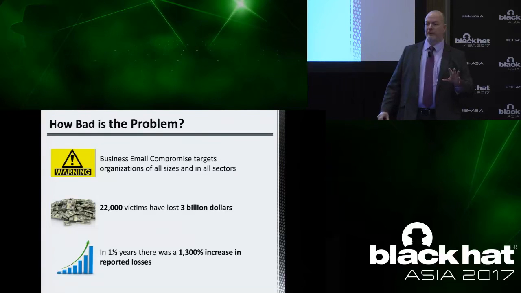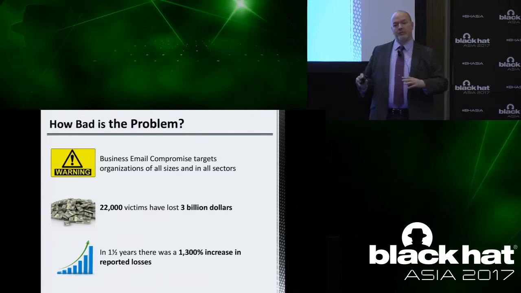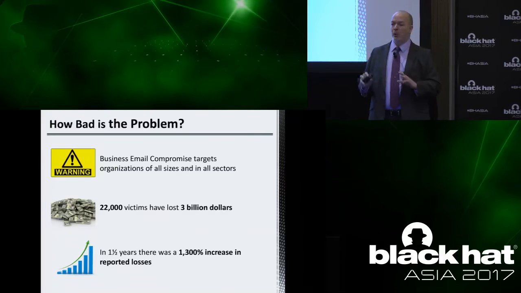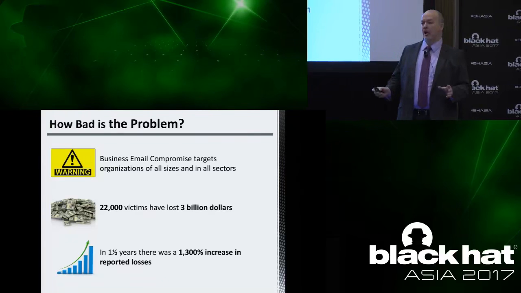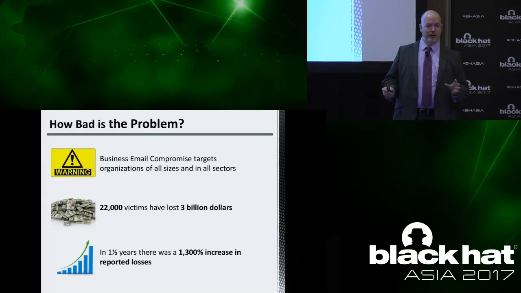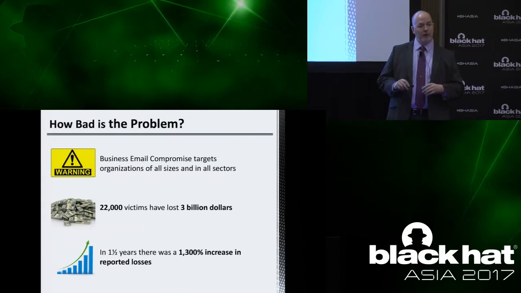You don't have to raise your hand. But I'm just saying, a lot of companies would not choose to report that they lost $1 million because someone sent them a bogus email. So if we're talking about $1.5 billion in 18 months and $3 billion in 3 years, I suspect that's a small fraction of what companies have actually lost in the last 3 years, right? So this is a huge industry.